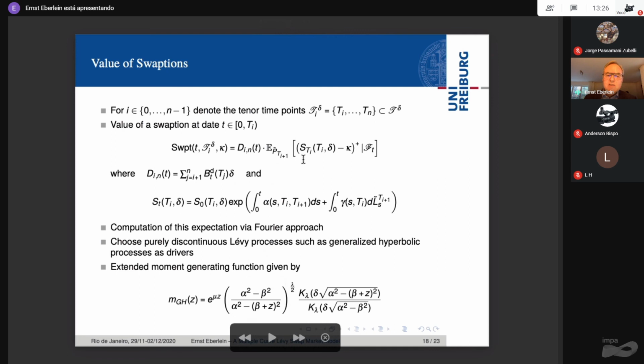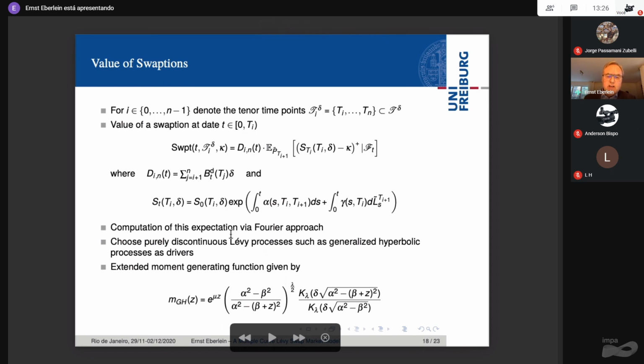Now, as I said, one of the reasons to develop such an approach is the swaption formula, because if you express it in terms of the swap measures, it's a very simple formula. You have just the usual call payoff here, and this quantity can be evaluated using Fourier techniques.